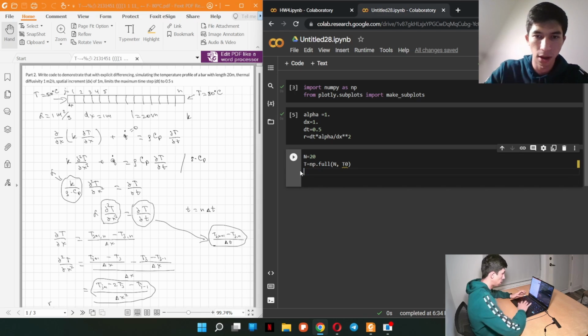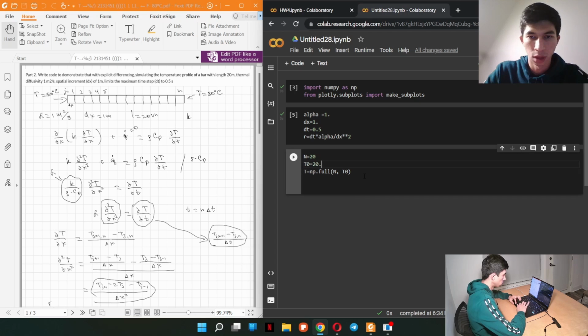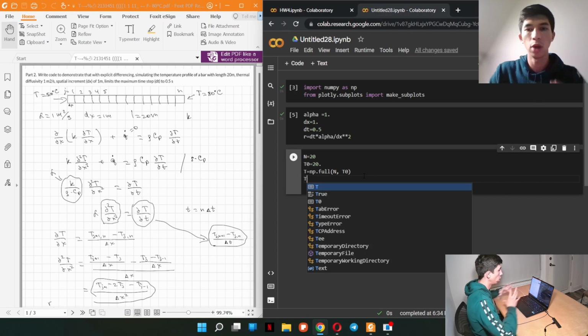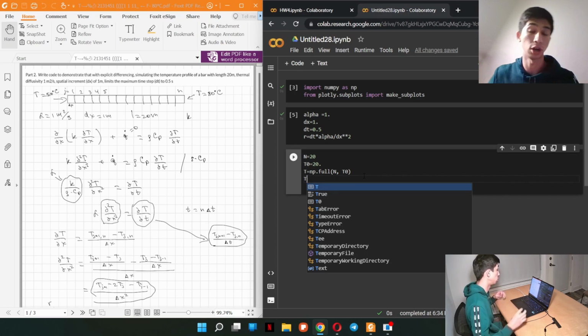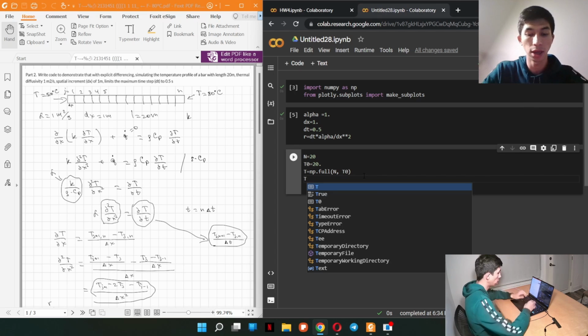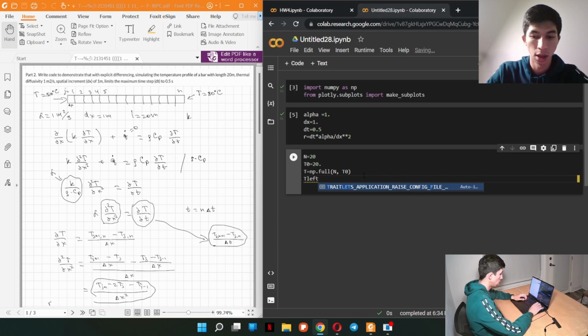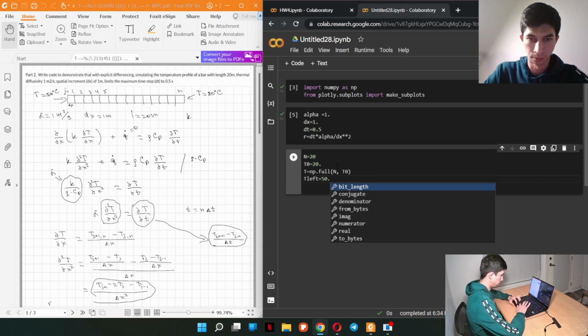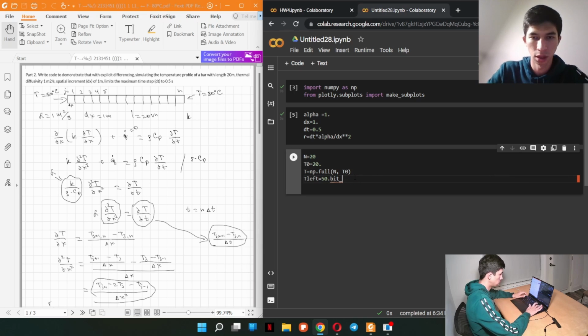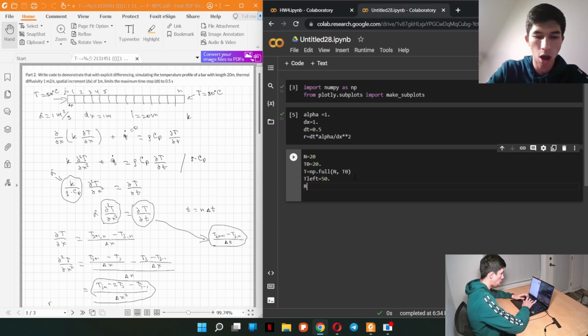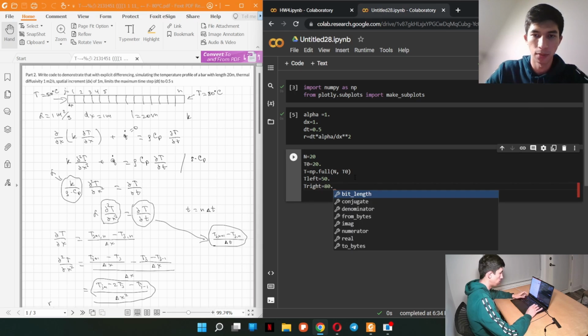Okay, but we know that the temperature on the left side and the temperature on the right side are not equal to each other. So I'm going to say the temperature on the left is equal to 50, and the temperature on the right is equal to 80.